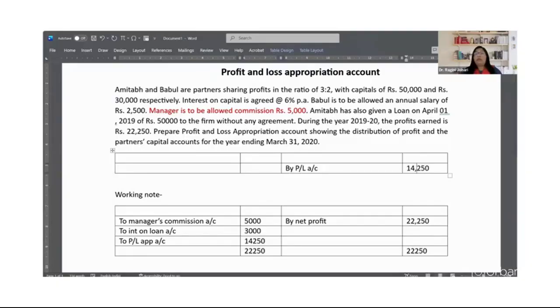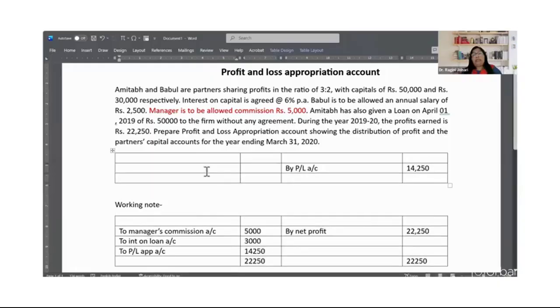Now, as I said, the P&L appropriation account is a distribution account in which partners' salary, partners' commission, partners' expenses, everything made by the firm are distributed.